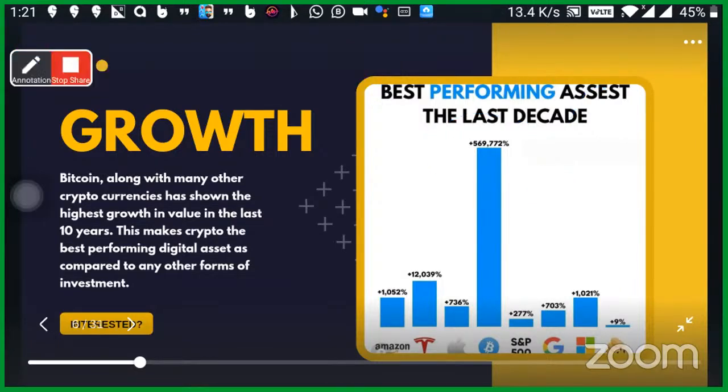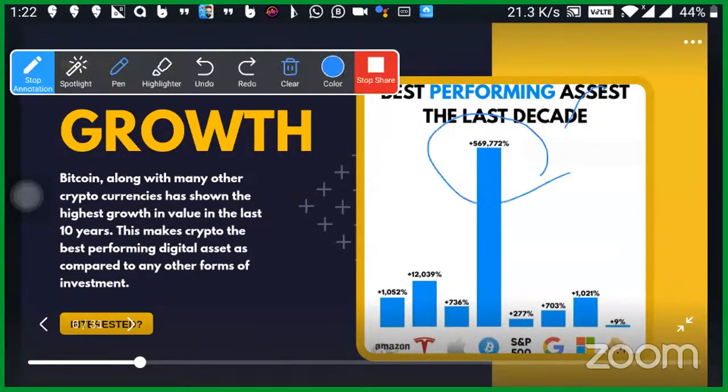No other company, no other financial asset, no other asset in the world that you think of has given so much growth in the last 10 years if you compare it with Bitcoin. So just think of it.